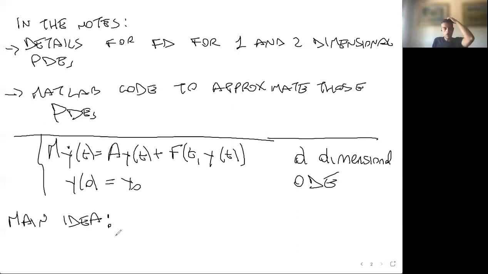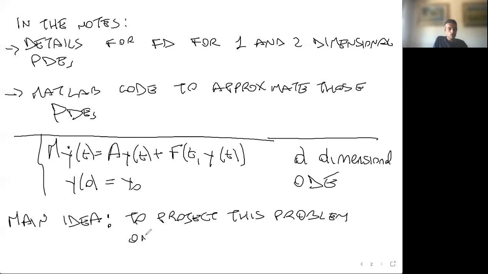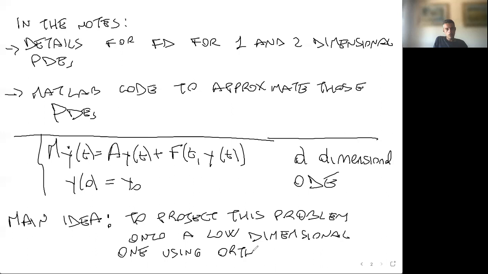The main idea of model order reduction is to project this problem onto a low dimensional one, using orthogonal projections.